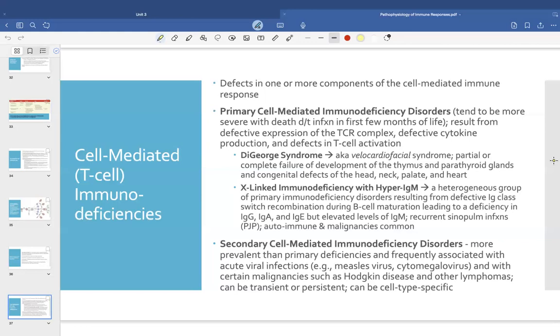So your plasma cells, everything's IgM. You're not going to have your full set of immunoglobulins. You're going to be hyper IgM. A lot of sinus infections, pulmonary infections, autoimmune disease and malignancy are very, very common. Keep in mind, let me ask you this: why are autoimmune disease and malignancies common?